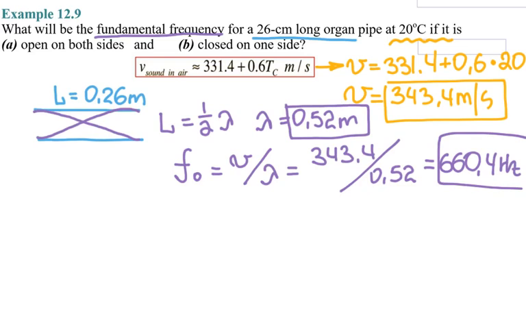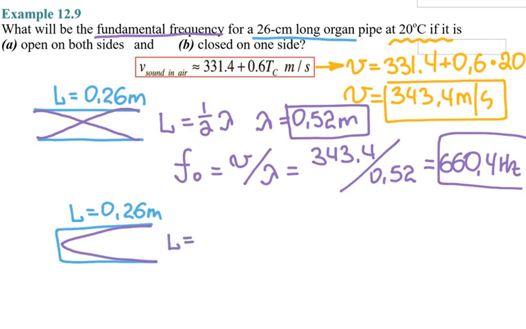Now if I have a pipe that is closed on one side and the length of it is still 0.26 meters, then the wave inside would look like this. In this case, L is only showing you 1/4 of the wavelength. Then the wavelength is equal to 4 times L, which is 0.26. That gives me 1.04 meters.